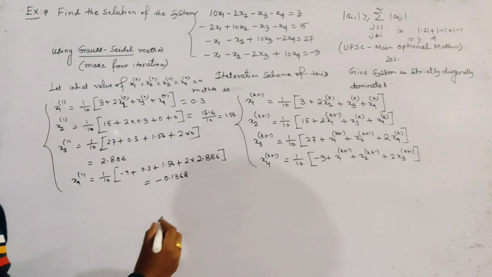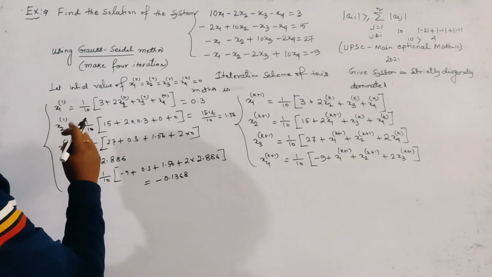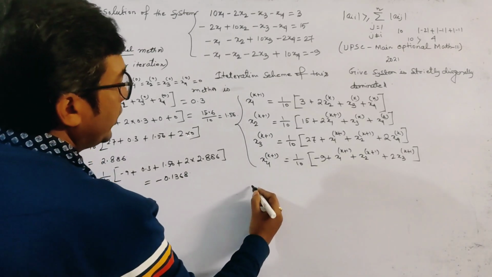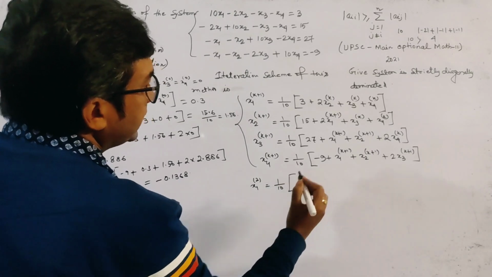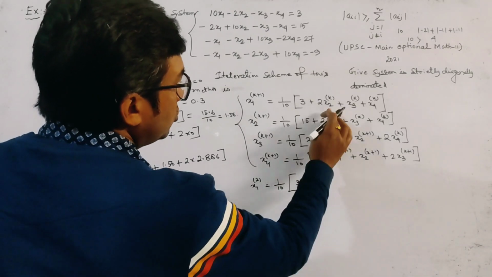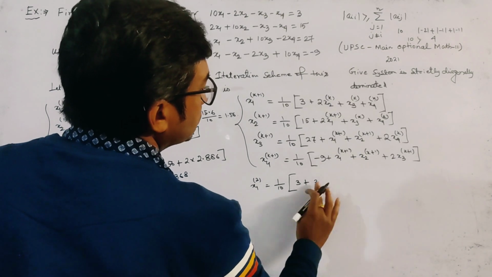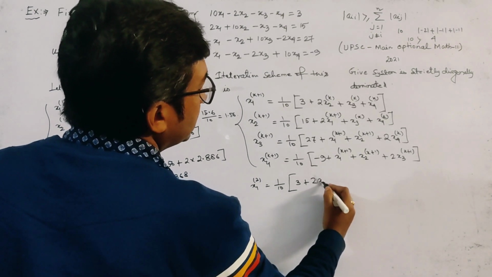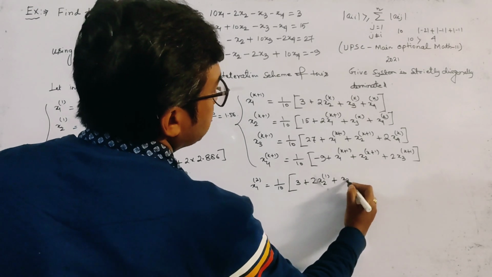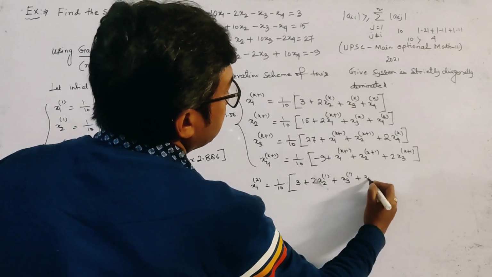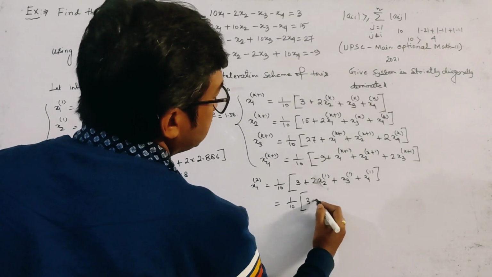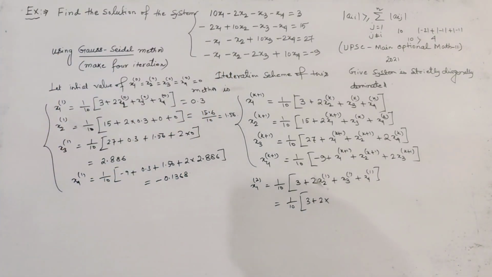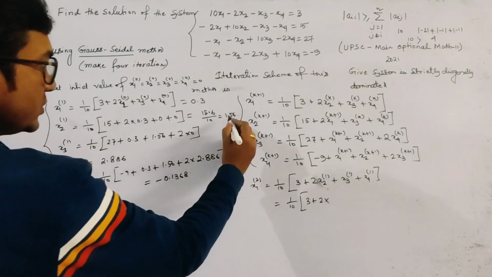Okay, now we find the second approximation of x1, x2, x3, x4. How to find x1 2, and this is given by 1 by 10 into 3 plus, we put here 2 into x2 1 plus x3 1 plus x4 1. Okay, and now 1 by 10 into 3 plus 2 into, what is x2 1? The value of x2 1 is already given here. This is 1.56.